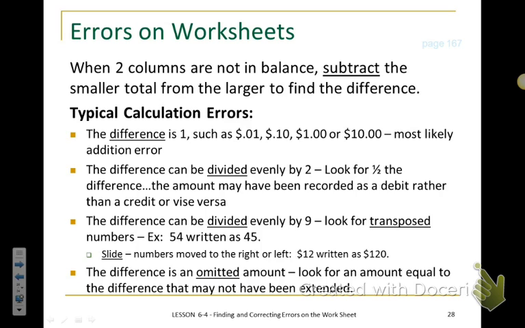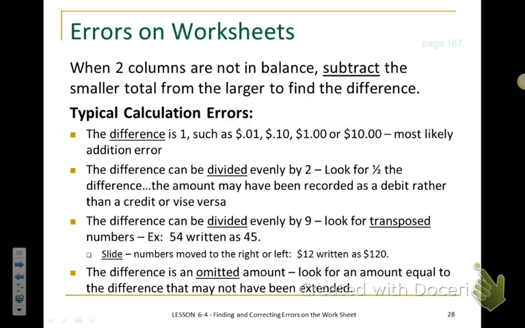Okay? If the difference can be divided by 2 evenly, look for half of that difference as an entry that was recorded as a debit rather than as a credit. So for instance, if the balance was off by $100, divided by 2, if it comes out to be 50, look for an entry for 50 in your journal that was maybe put into the credit column instead of into the debit column, because it makes a doubling impact difference.